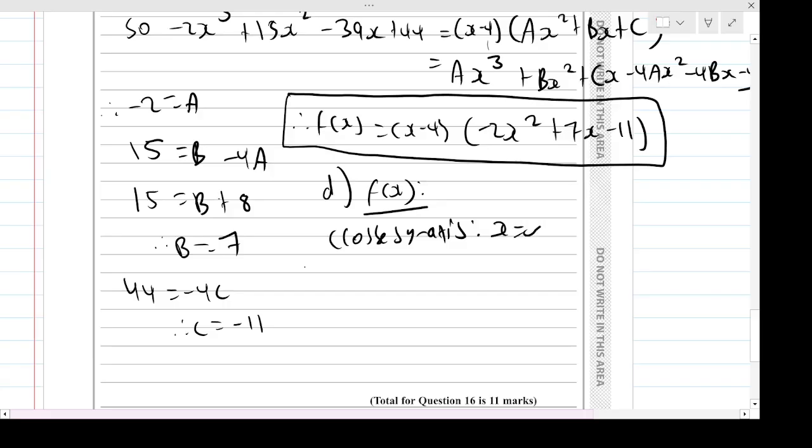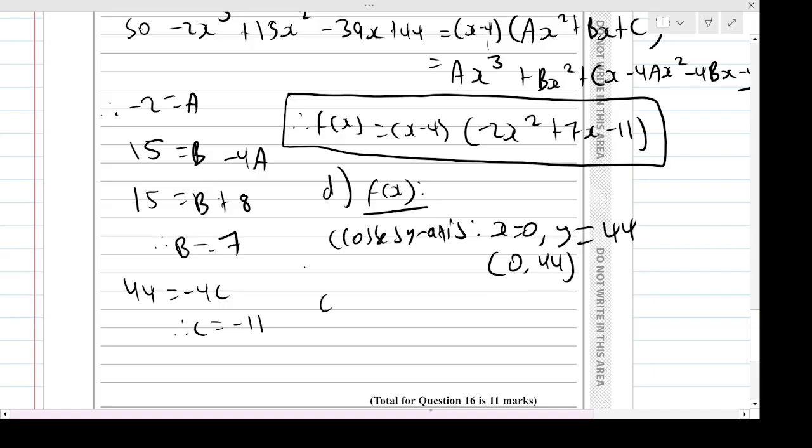So if x is 0, then y is going to be what? Well, if I plug 0 for x here, it's just going to be minus 4 times minus 11. That would be positive 44, and so that is my coordinate. The point is x is 0, y is 44, so it crosses the y-axis at this point here.